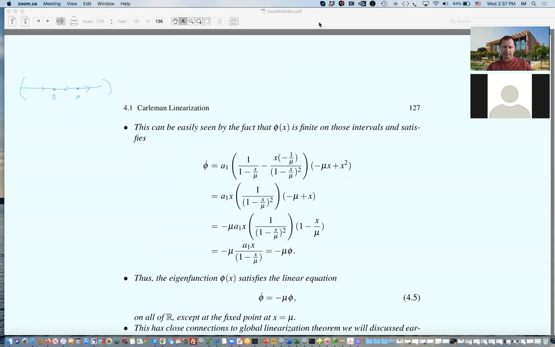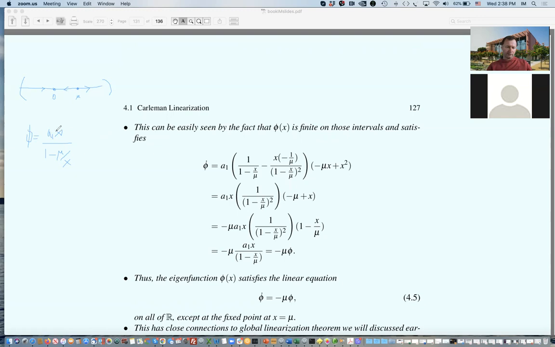Remember, phi itself is a1x divided by 1 minus x over mu. So we're going to differentiate this in time, which means we're first going to differentiate this with respect to x, and then multiply it with x dot. So this is x dot.